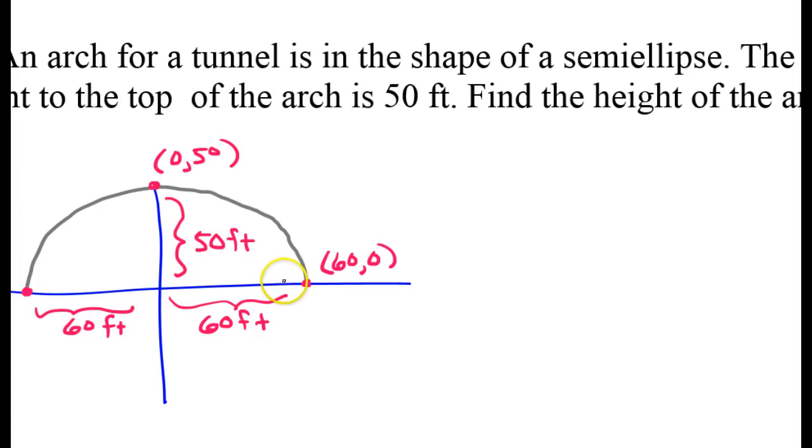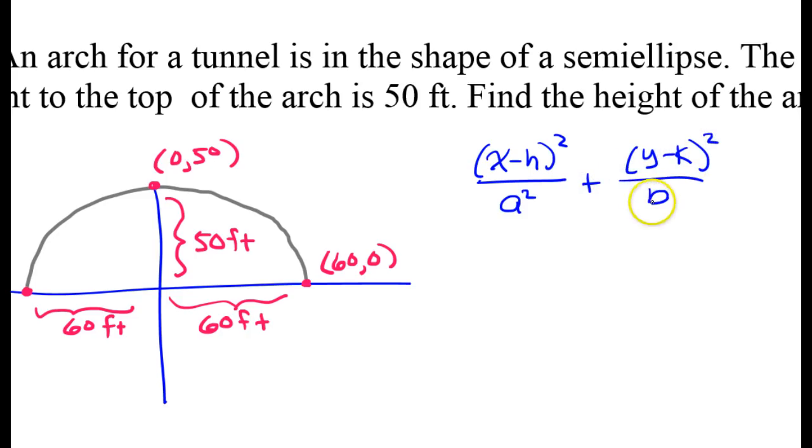Okay, so this is a horizontal ellipse. So I'm going to use the model that goes (x minus h) squared over a squared plus (y minus k) squared over b squared equals 1. This is the general shape of the equation for an ellipse.